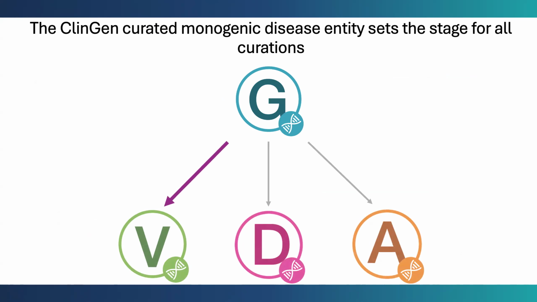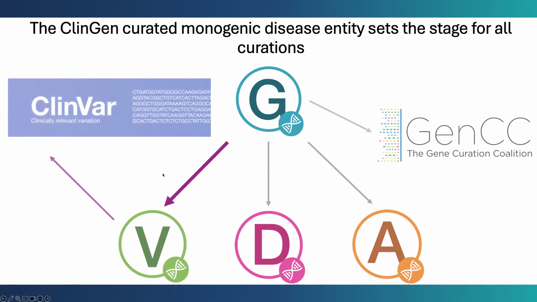The gene disease validity, so that gene and that disease, that Mondo ID and the mode of inheritance should really match between gene curation and variant curation, those specifications and those final pathogenicity classifications, anywhere from pathogenic to benign, because these are ultimately going out to not only the ClinGen website, but to ClinVar. We want it to be very clear what we're talking about. We also know we want to be clear about this because our curations are also published on different websites like the GenCC.